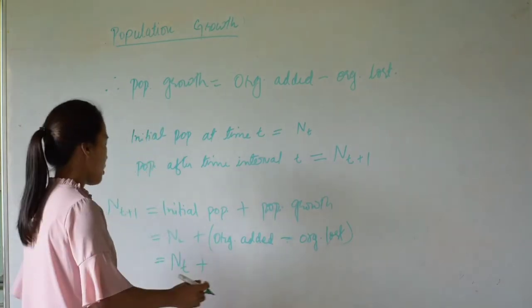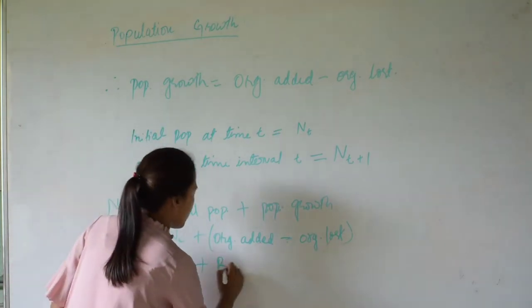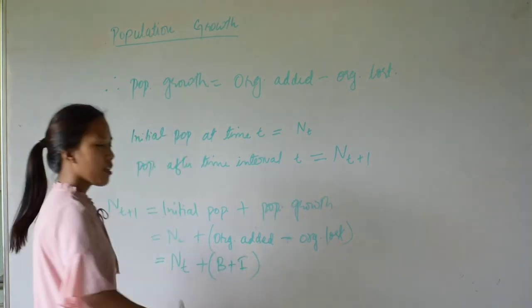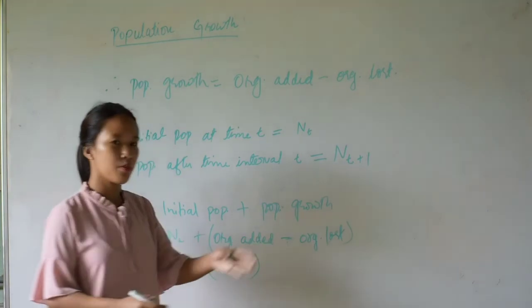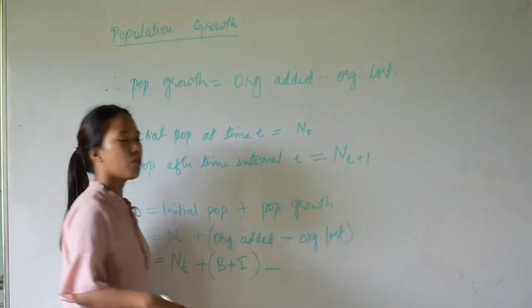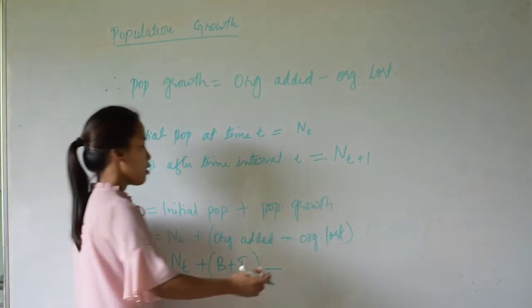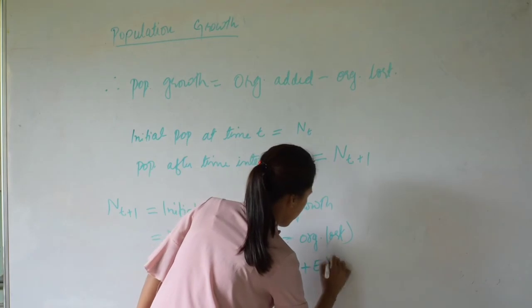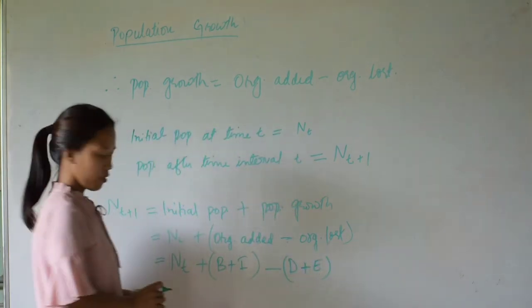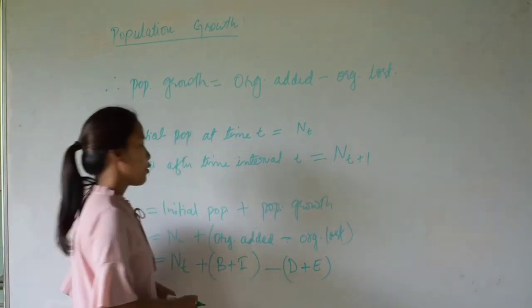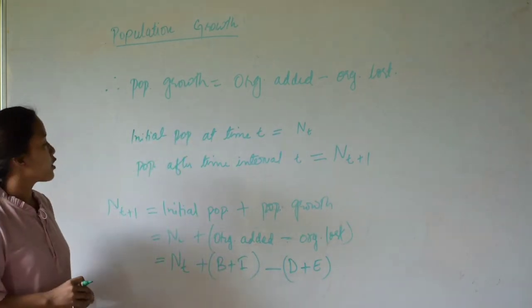We know that it is during birth and immigration. Why? Because immigration means the coming of organisms to the habitat from elsewhere. Minus organisms lost. When are these organisms lost? It is during death and emigration. So this is how we can find out the population growth.